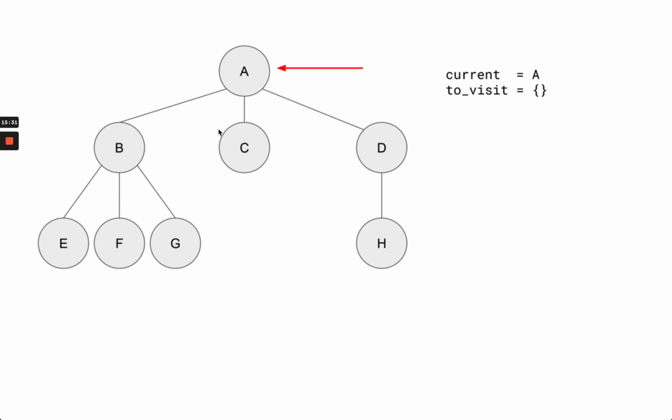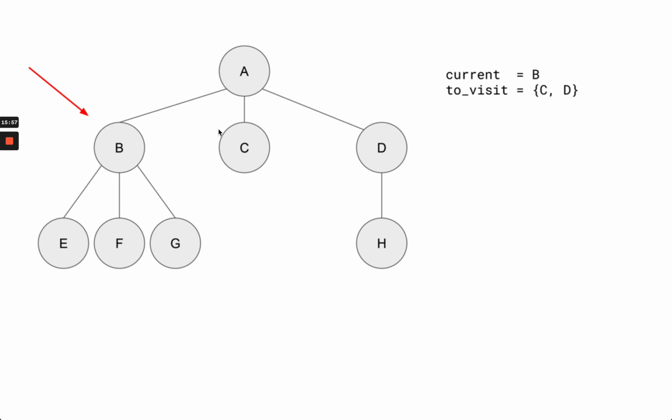So here's an example of the way breadth-first search might work. You start at A, so current equals A, and I have to visit all of A's neighbors, which is B, C, and D. Then I visit the first thing between B, C, and D, which is B. And from there, now I have C and D to visit.